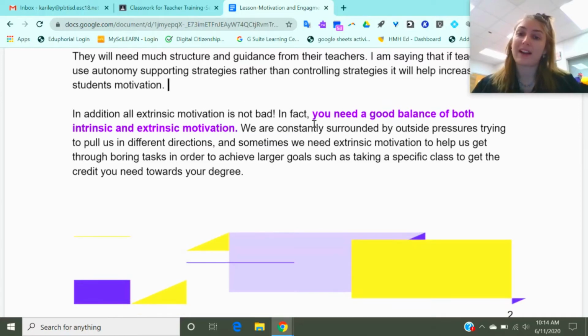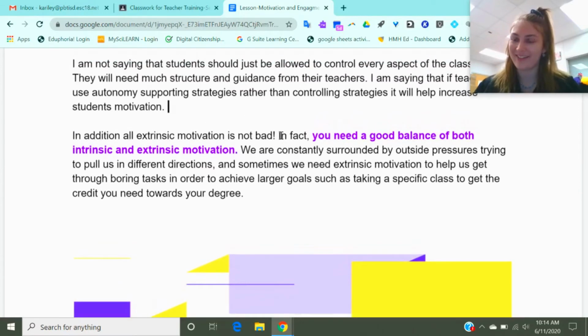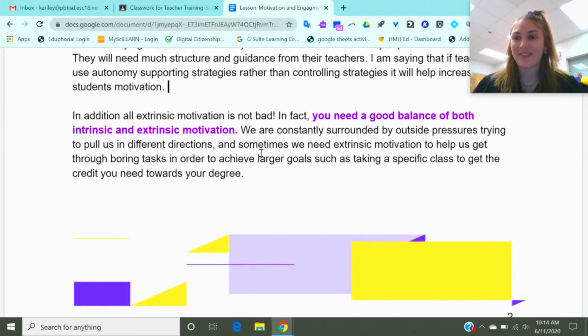But in fact, you do need a good balance of both, because, like I was saying earlier, some things are more interesting to us than other things. However, especially with school, there might be some classes we don't necessarily like, we don't want to take, but we have to have enough internal regulation to get through that.